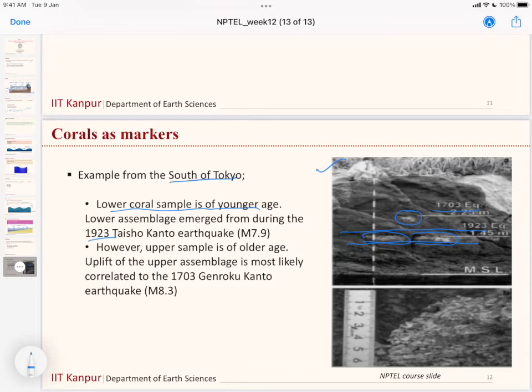That is the very triggering thing. The uplift of the upper sample is most likely correlated to the 1703 Genroku Kanto earthquake, which has a magnitude of around 8.3. So this is how we use coral as a marker to map geological events.